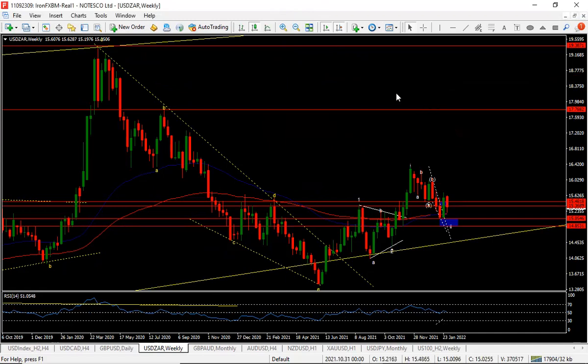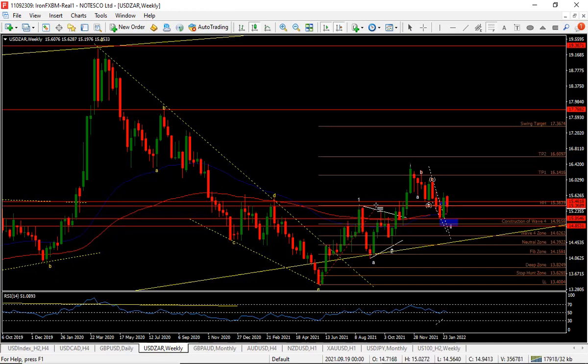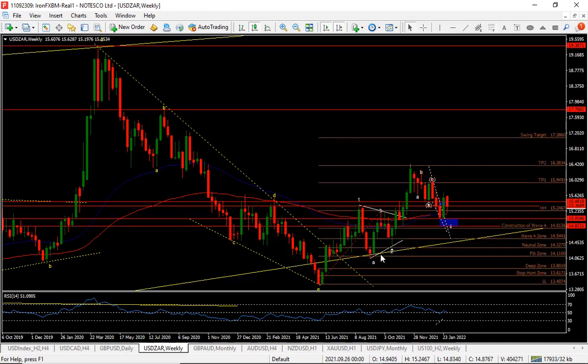And then the correction here, it was correct because it came in the zone. So what was our correction? We cross check again. Our correction came in the 61.8% zone, which is the zone for our wave 2 here.